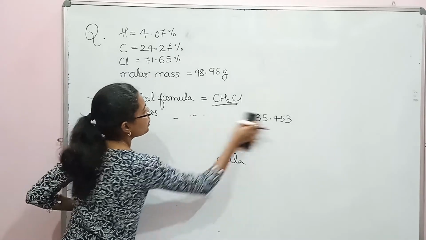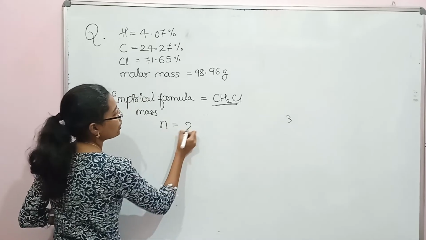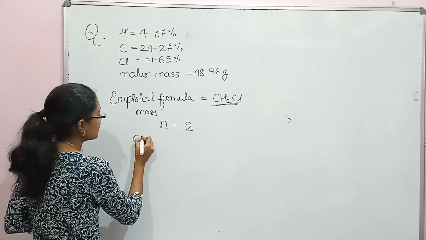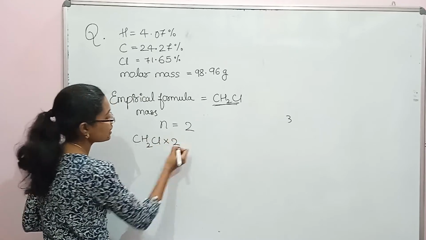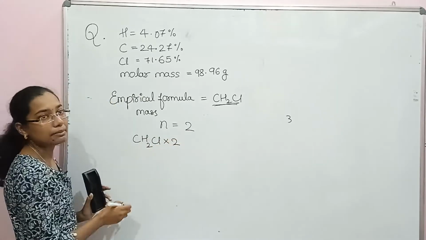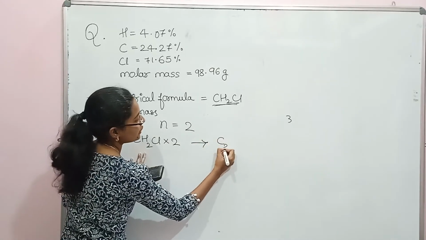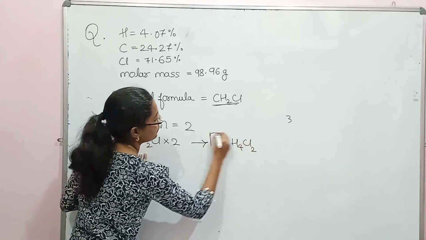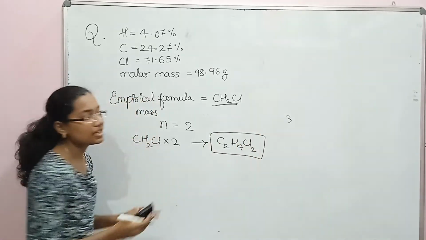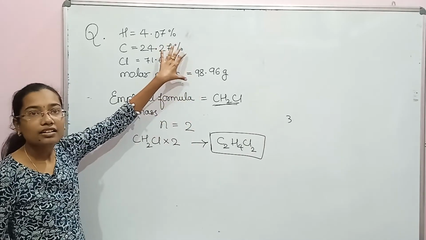We have got N equal to 2, right? CH2Cl is there. Now if you multiply this 2 to each element, then we will get the molecular formula, that is C2H4Cl2. This is the molecular formula of this compound.